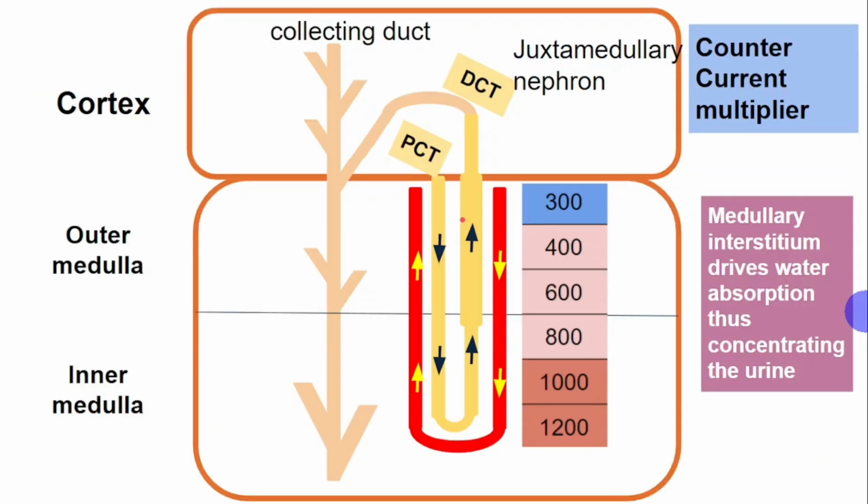So this is how the countercurrent multiplier works and it helps in establishing a gradient, and this gradient in turn helps in pulling out water from the collecting duct and thereby helping in concentrating the urine. So this was all that was asked in this question.